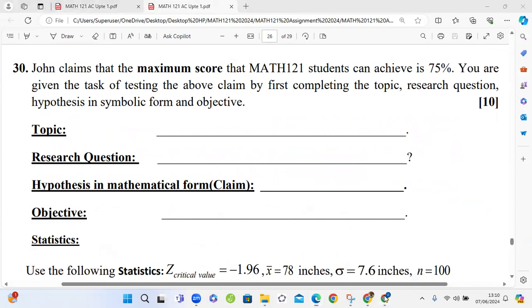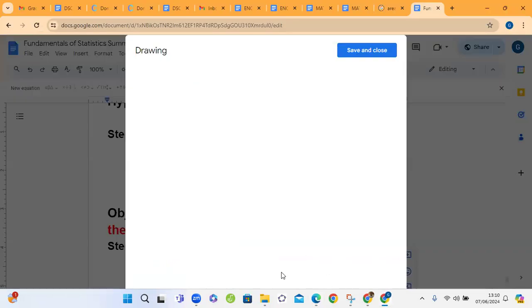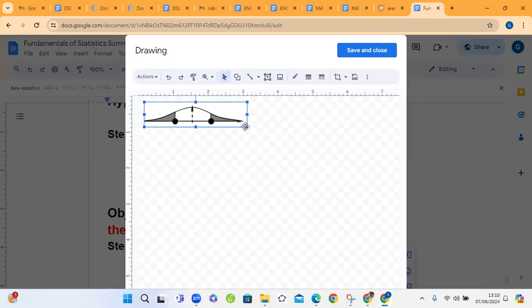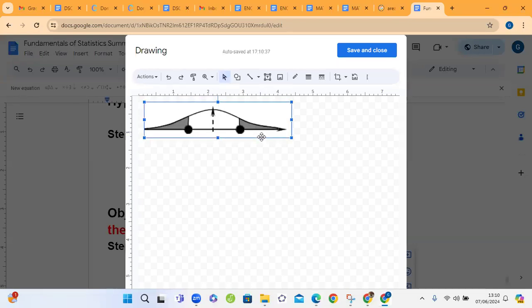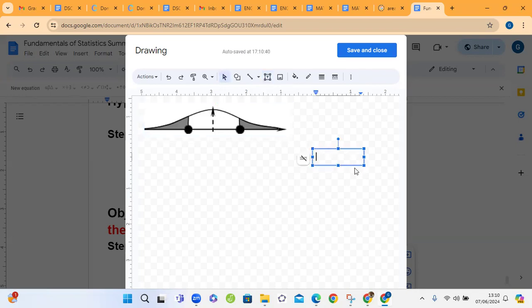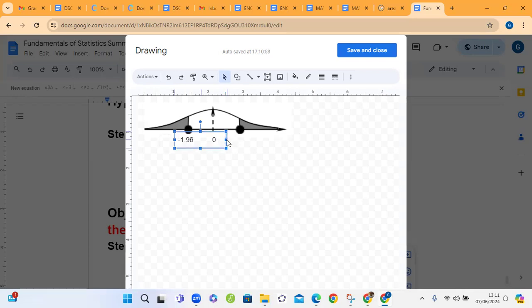Since we have a two-tail test, our critical value will appear twice. One on the left, negative 1.96, zero in the middle, and one on the right, positive 1.96, because on the right side of zero we have only positive numbers.